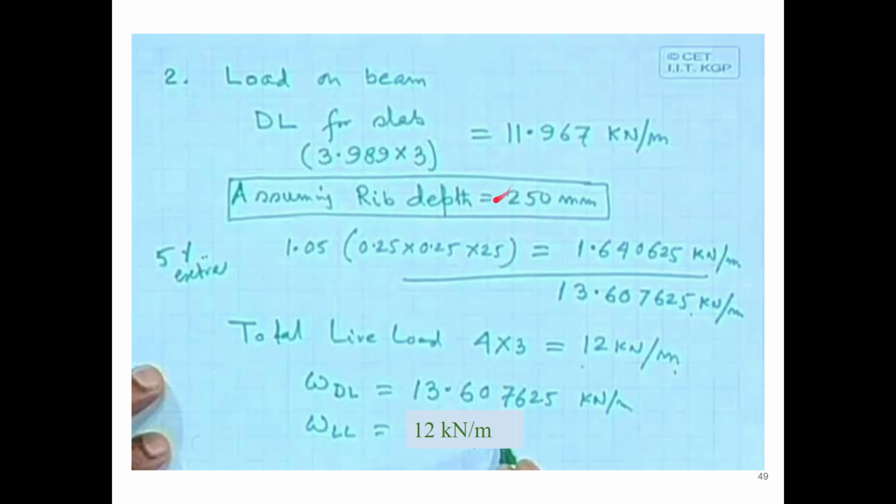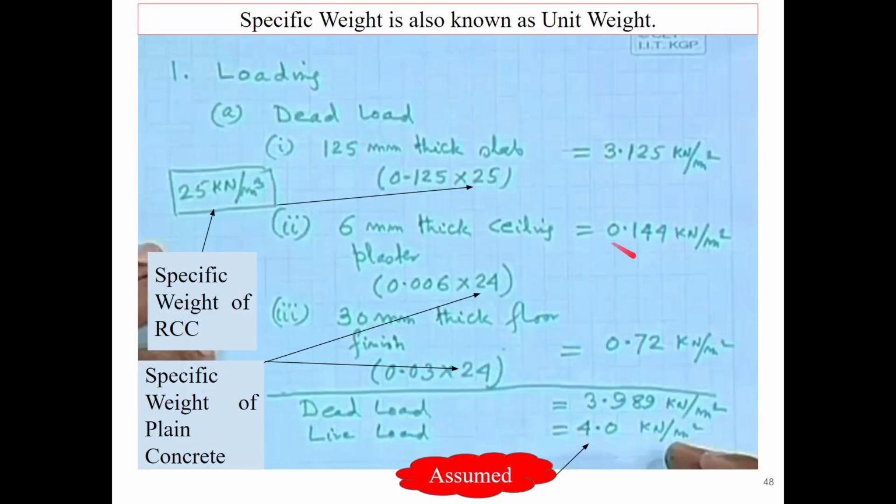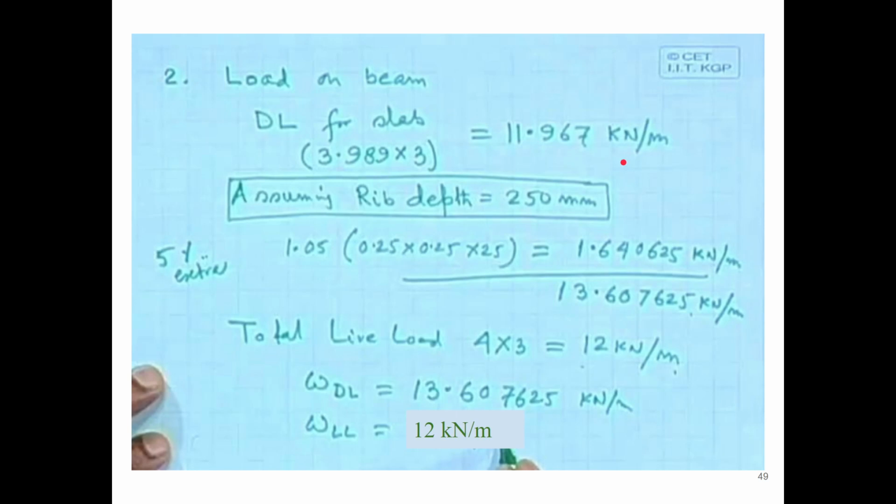Because the center to center distance is 3 meter, every 3 meter there will be one part. So for one part the dead load for slab will be 3.989 into 3, which is 11.967.